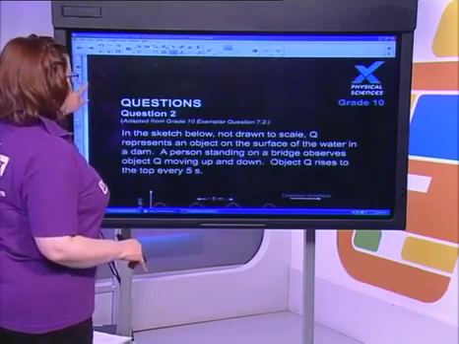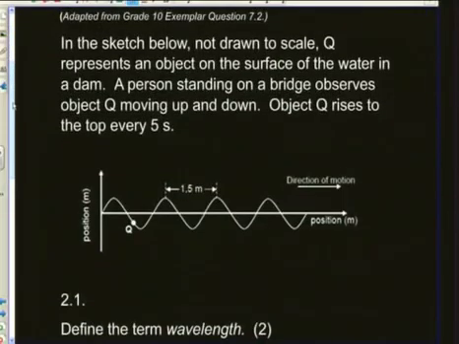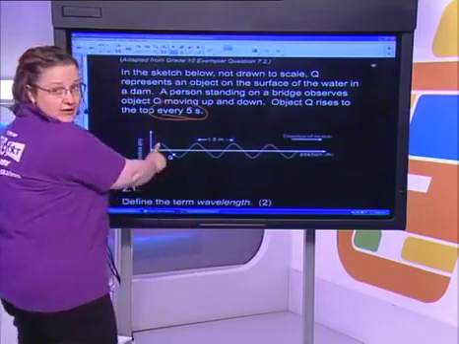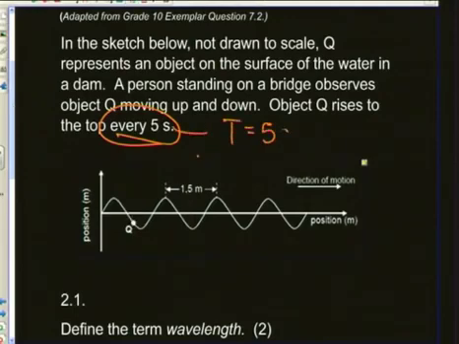Question 2. In the sketch, not drawn to scale, Q represents an object on the surface of the water in a dam. A person standing on a bridge observes Q moving up and down. Object Q rises to the top every 5 seconds. This is important. Every 5 seconds, Q gets to the top of the wave. So every 5 seconds, Q is at a crest. That means this particular value is period.